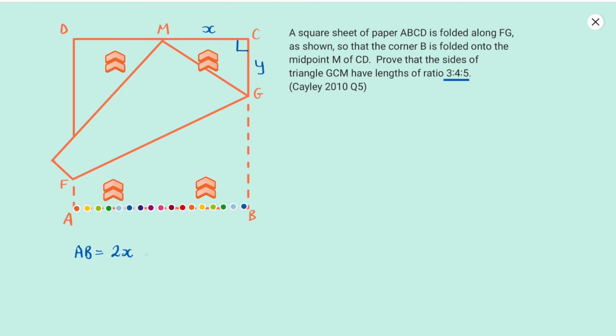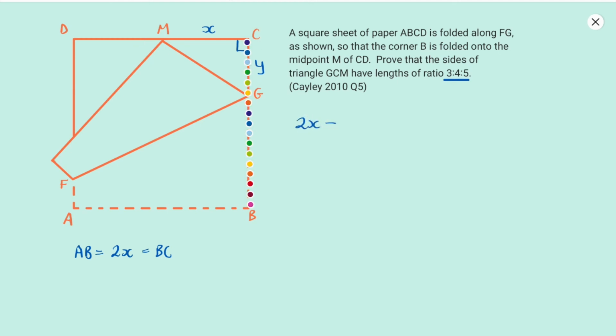That's also true of B to C, which is the part we're interested in. And what do we know particularly about the length that was folded up from B to G? We know that if we took 2x, which is the whole length, and we take away the y, that's going to leave us with this bit here. And this particular bit is M to G. So we have MG.